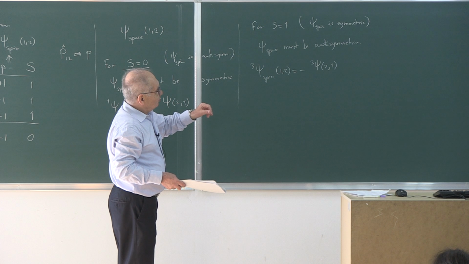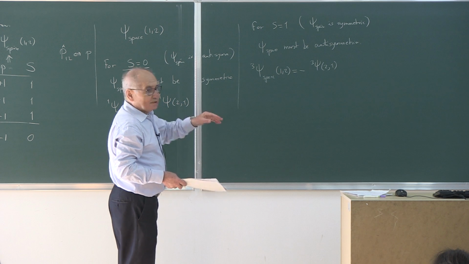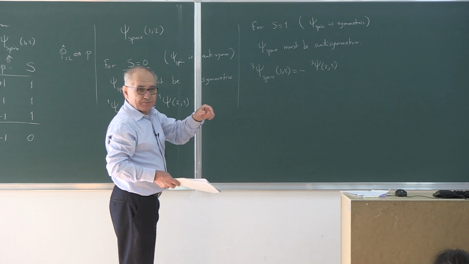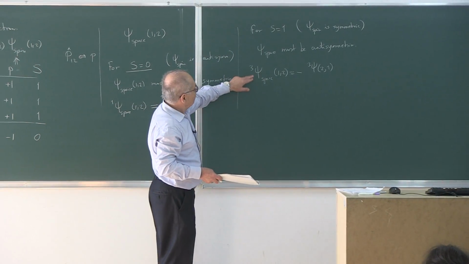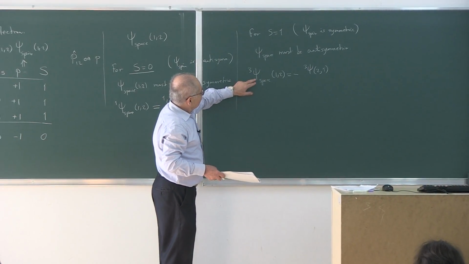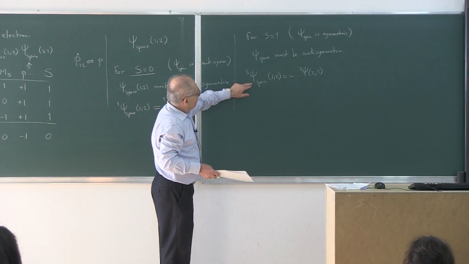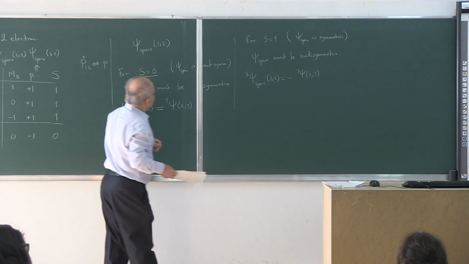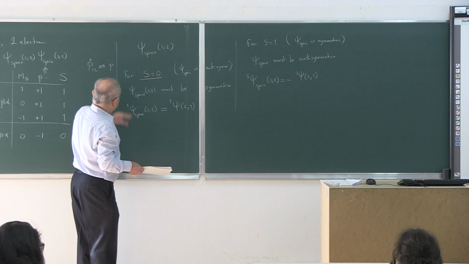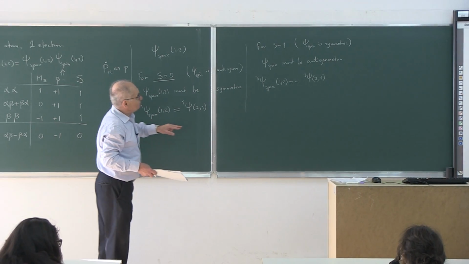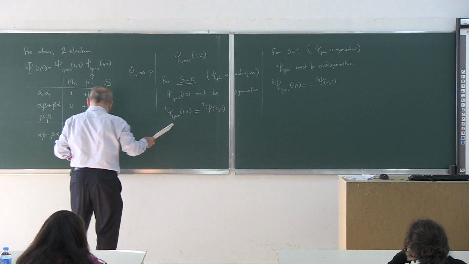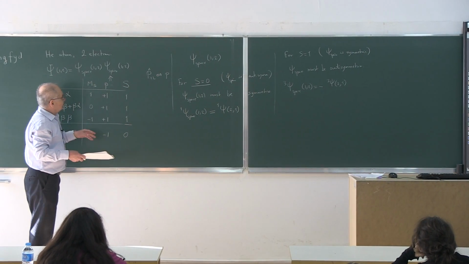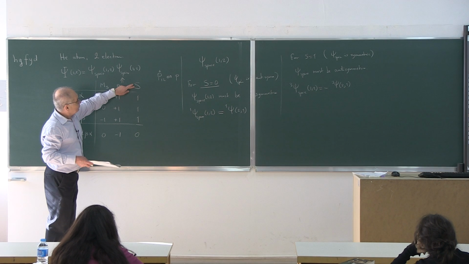Shortly, I'm going to show you that the energy values are determined entirely by the space part, either this triplet psi space, or singlet psi space. In other words, the energy of the state depends only on the S value.